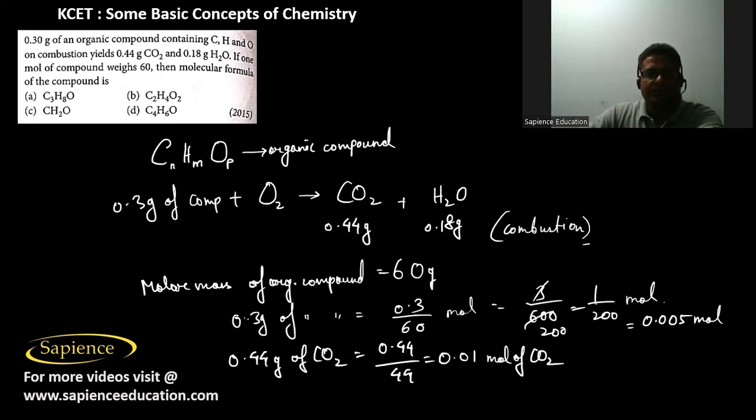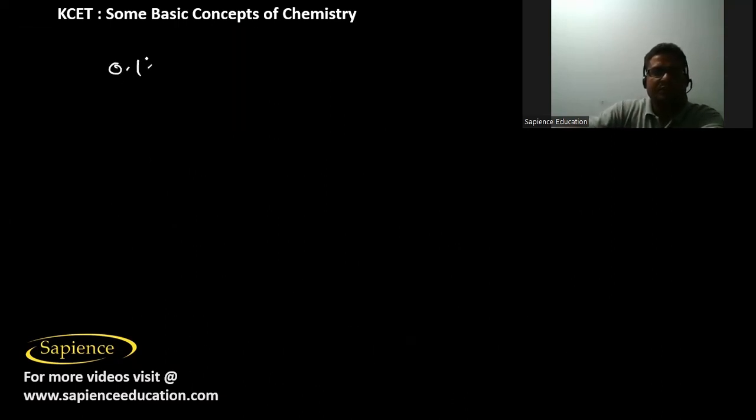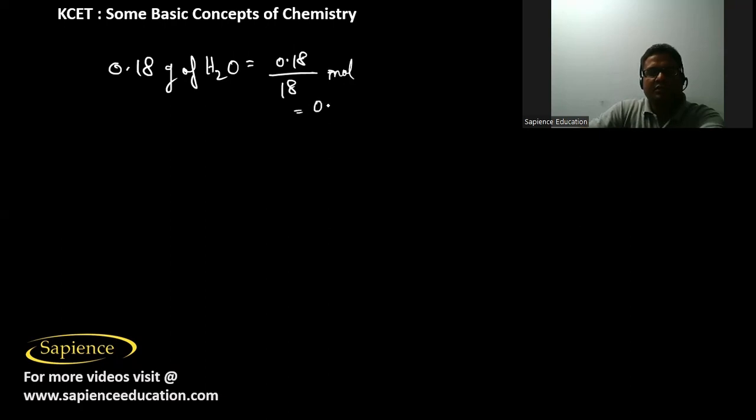And also 0.18 gram of H2O. It means that it is 0.18 by the molar mass of H2O, that is 18 gram. So this much mole is equal to 0.01 mole of H2O.